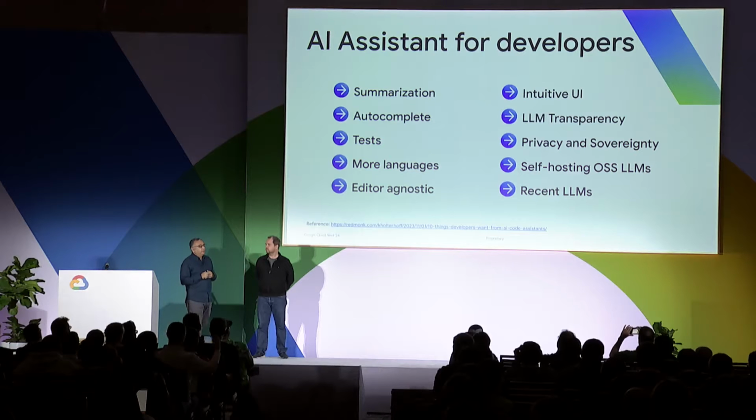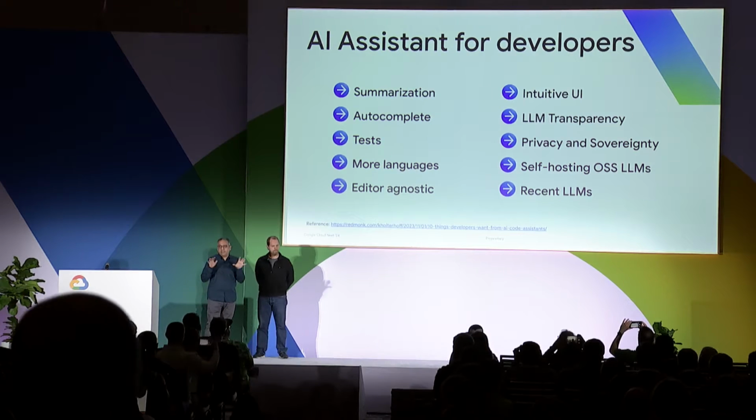But it's also nice, next slide, to look at not just how it can help us, but what areas developers expect AI assistants to help with. This research paper highlights those key areas.